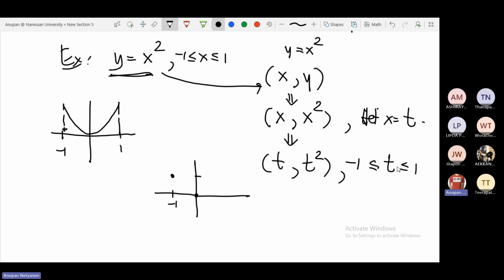And when t equal to 1, you have the x coordinate is 1, and t squared is 1 squared, which is 1. Okay, you have the parabola.